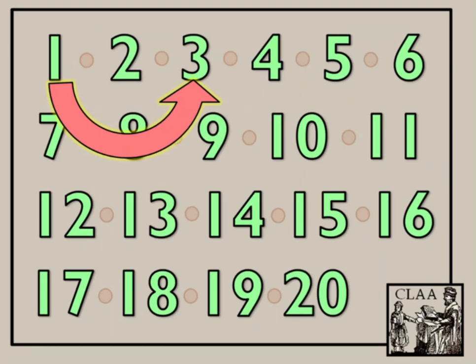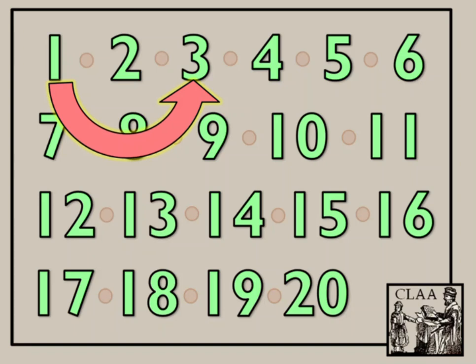We learned before that counting is the same as adding 1. We can also add 2 by counting every other number.